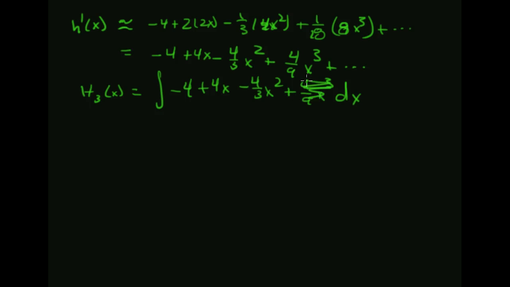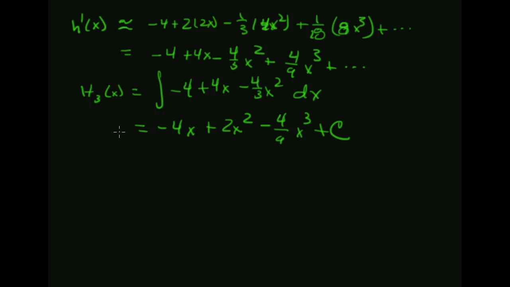Don't actually need this term, so let's get rid of that. To get the third degree, I only need the first several terms. So this is going to be -4x plus 2x squared minus 4/9 x cubed plus c.